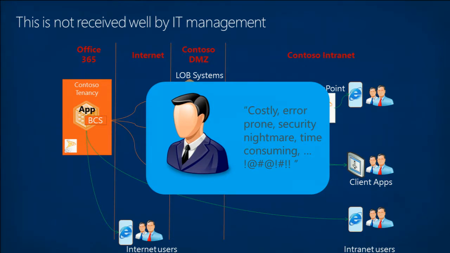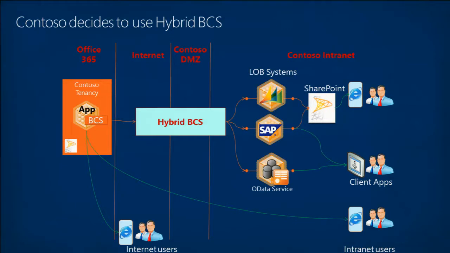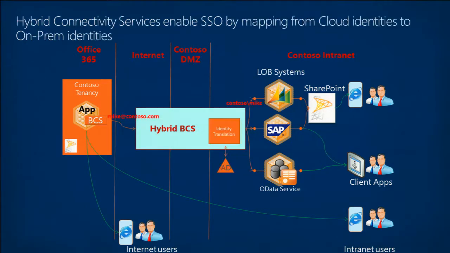And so what we wanted to do was come up with a solution for hybrid BCS, and I'll talk about what that is. The problems that this needs to solve are, in addition to creating a secure and safe channel through the firewall, a couple of other things. One is the identity transformation problem.